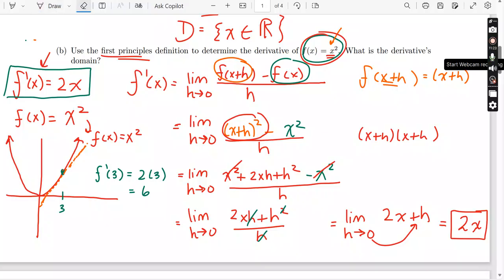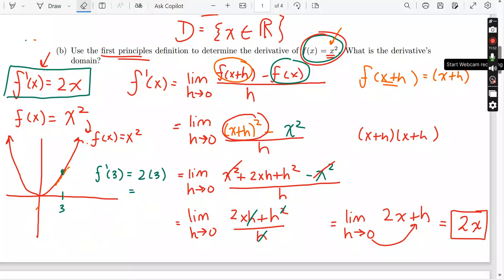Let me just do a better job of drawing that. The slope of this orange line is 6. I know that for a fact. The slope of this orange line will be 6, the slope of the tangent at 3. And this will work for any instantaneous rate of change that you want to find at any given point.